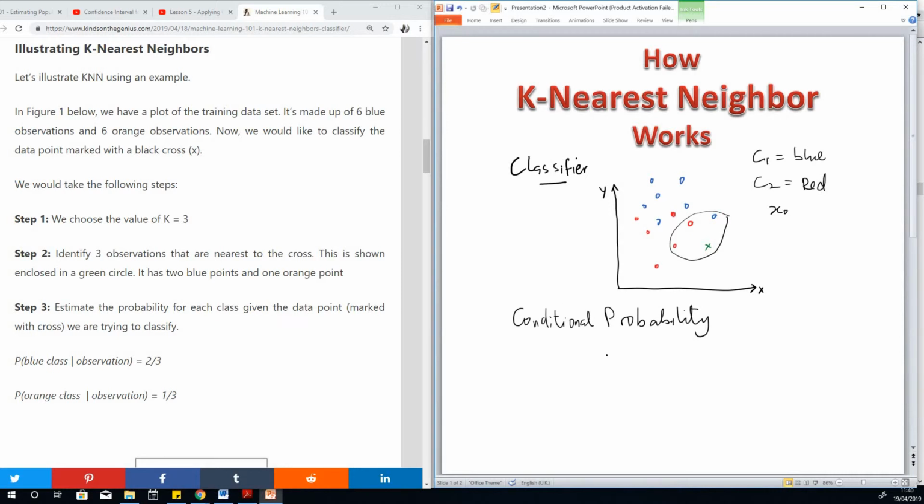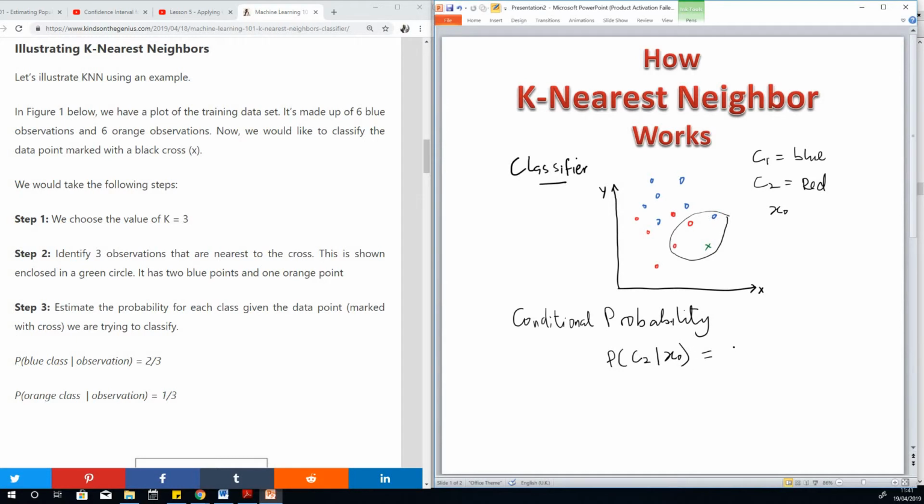So k-nearest neighbor will calculate the probability that this data point belongs to C2 given the data points we are trying to calculate. C1 is blue and we have only one blue data point inside the nearest neighbor circle. C2 is red, and we have 2 red data points divided by the total number of data points.